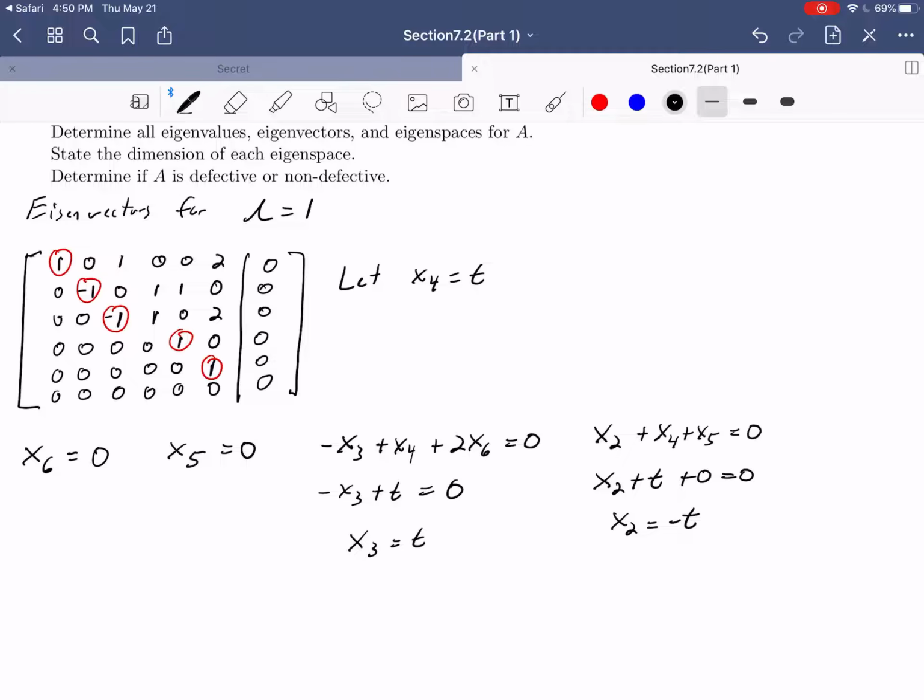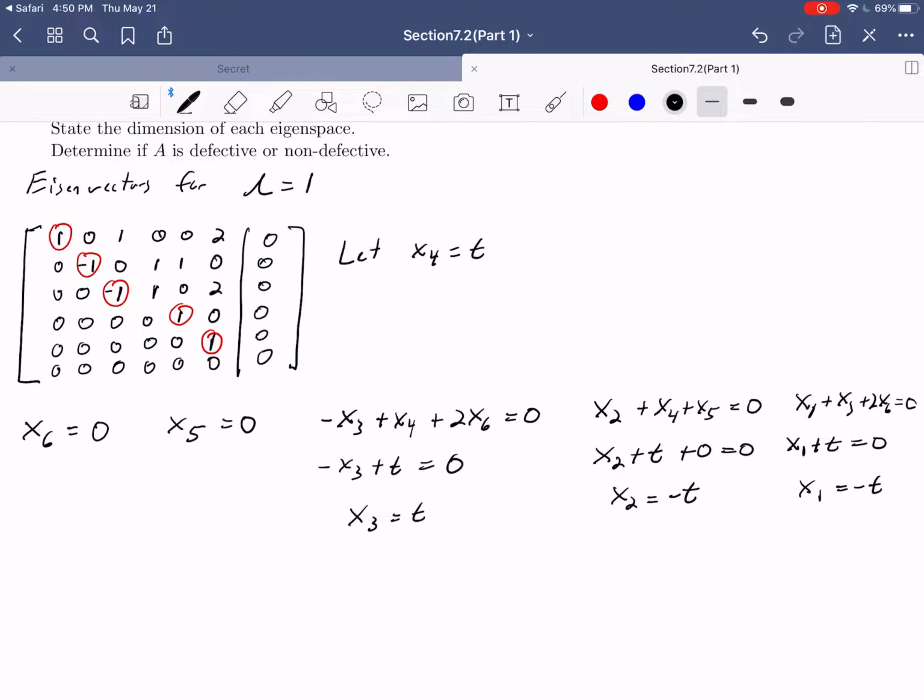And then finally, for the last equation, we get x1 plus x3 plus 2x6 equals 0. But we already found that x6 is 0. So here we get x1 plus t equals 0, so x1 equals negative t.